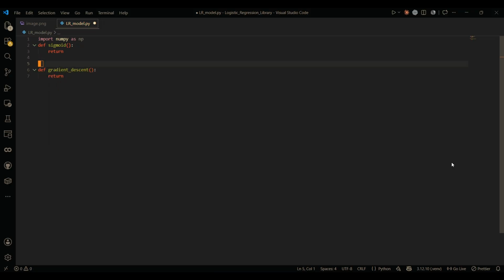Return something. And in order to do gradient descent, we'll need to calculate a gradient function.